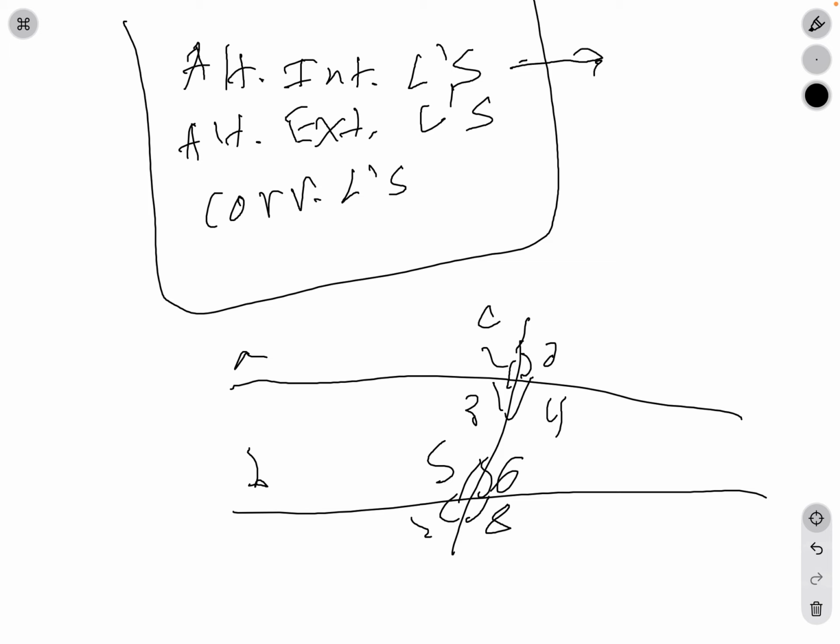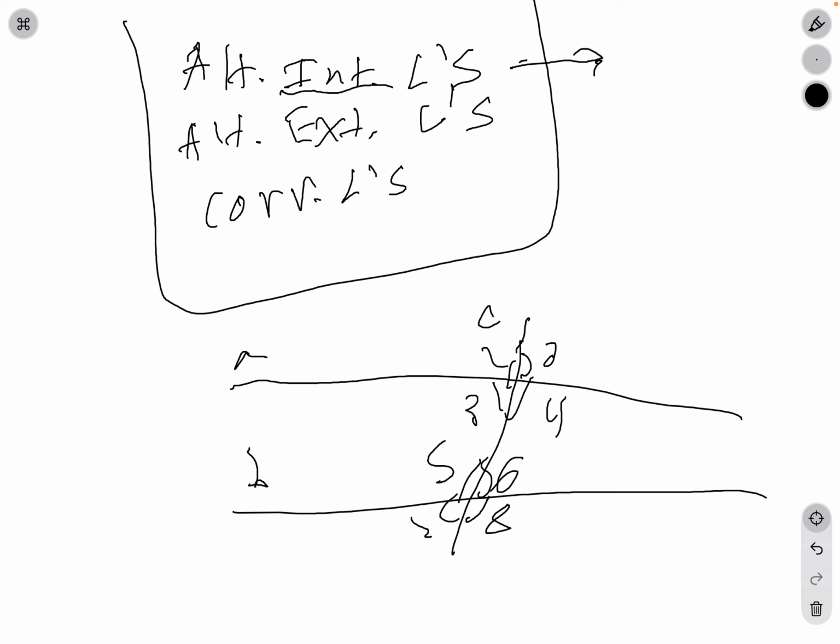Alternate interior angles are angles that are on the opposite side of the transversal, which is C, and are interior angles because it includes "int." So the name basically gave it away, but just to clarify, it's when two angles are inside the parallel lines and are on opposite sides of the transversal.